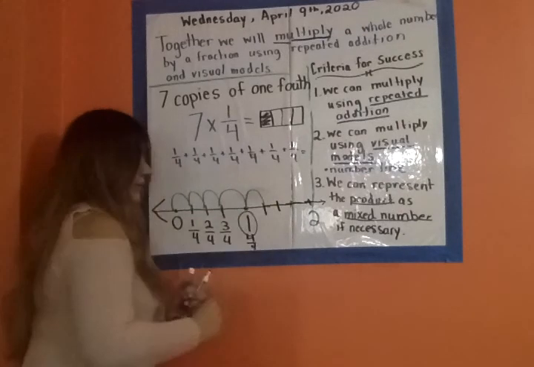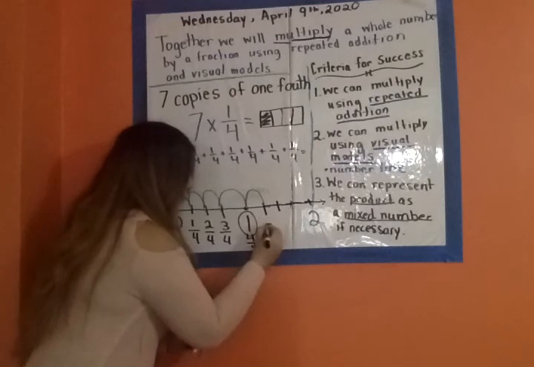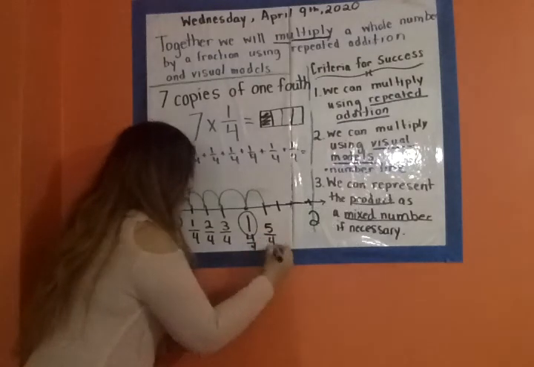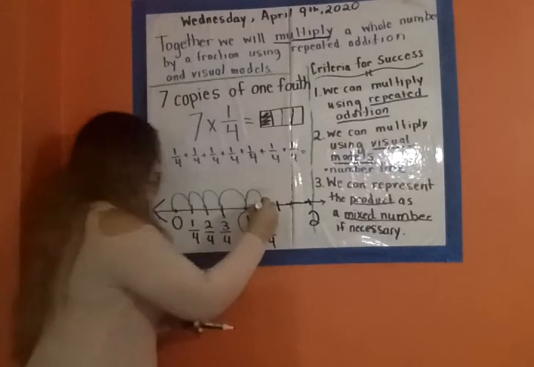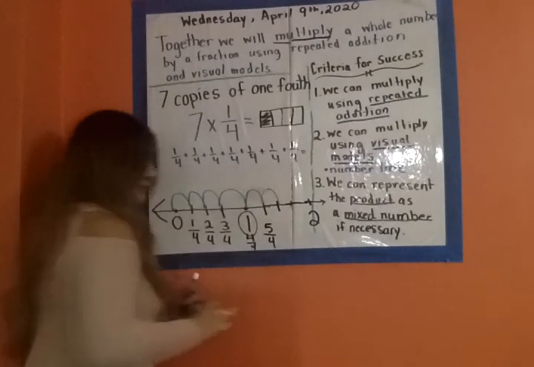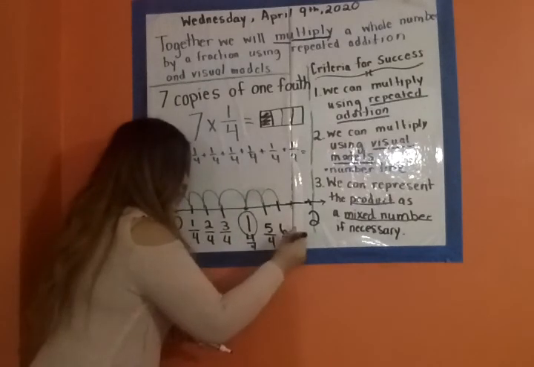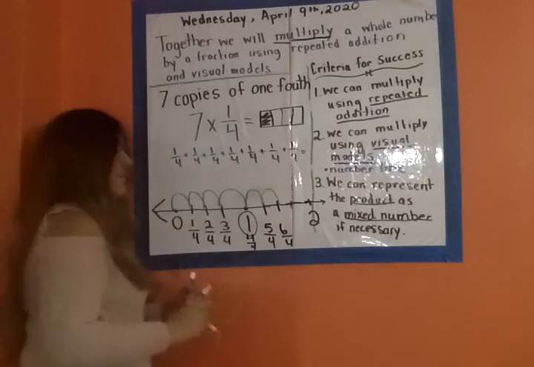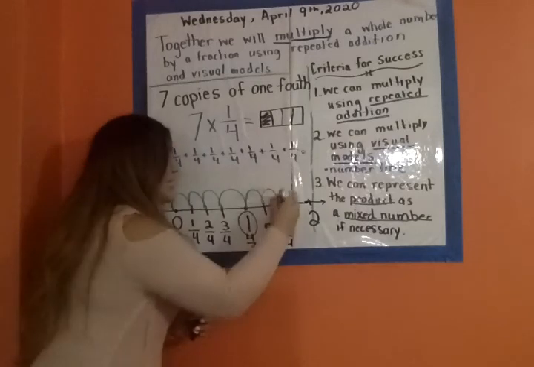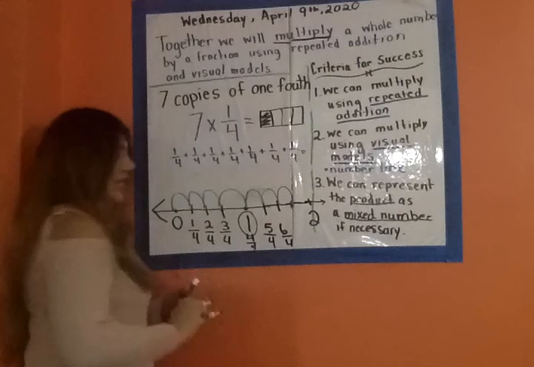Now, 4/4, let's keep going. 5/4, right? 6/4. Whoops. And lastly, friends, 7 copies would be 7/4, right?